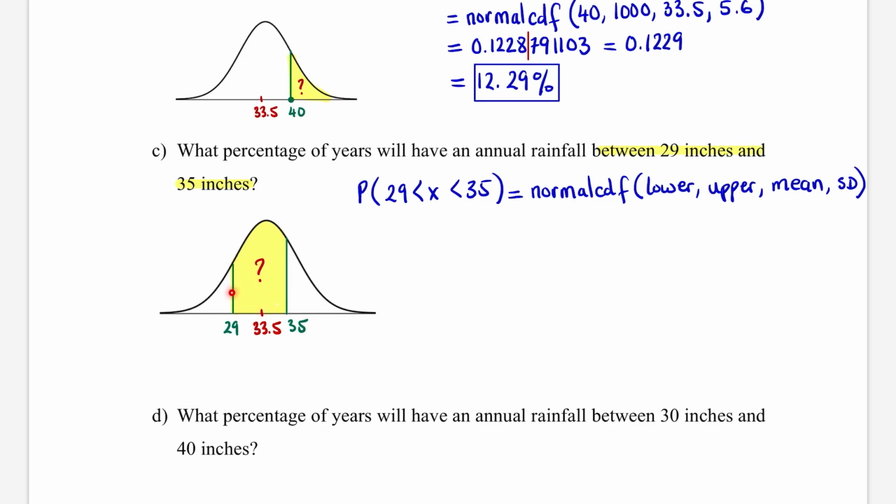I have the left boundary is 29 and the right boundary is 35. The left boundary is my lower bound and the right boundary is my upper bound. Mean is 33.5 and standard deviation is 5.6. And I'll put this in my calculator to find the answer.